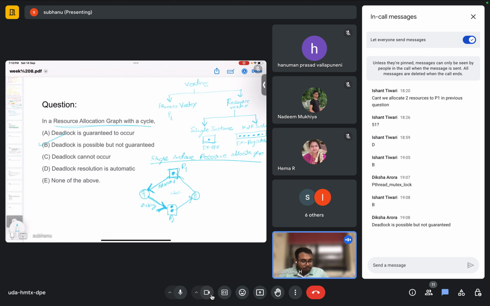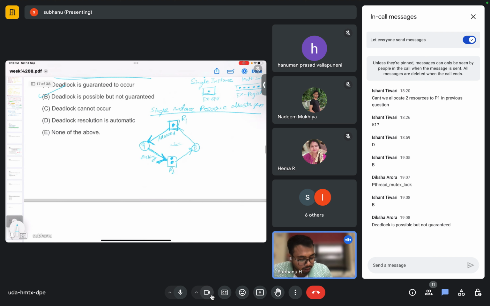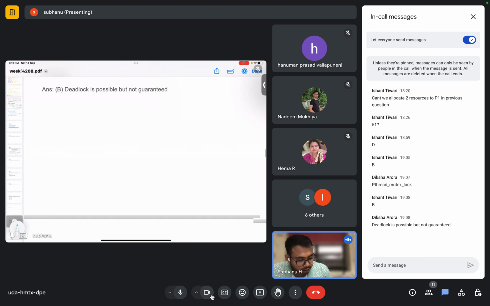Because if this is a single instance graph, then this cycle helps to detect the deadlock.